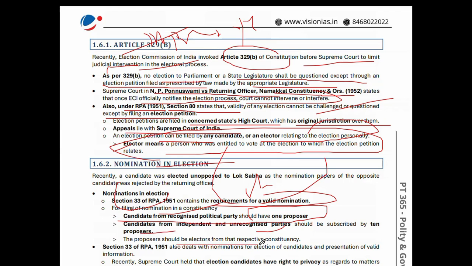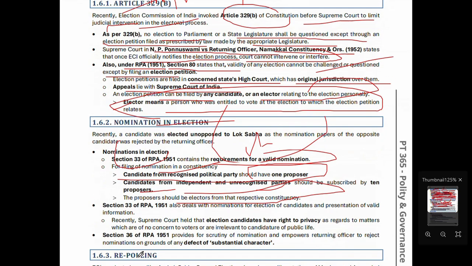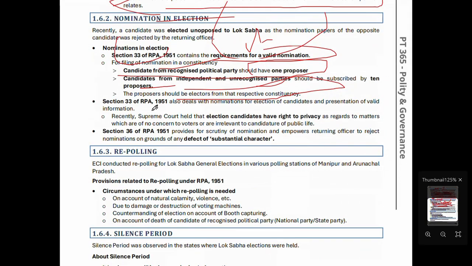Section 33 of the Representation of People Act 1951 deals with the nomination of candidates and the presentation of valid information. Recently, the Supreme Court held that election candidates have a right to privacy regarding matters which are of no concern to voters and are irrelevant to candidature for public life.